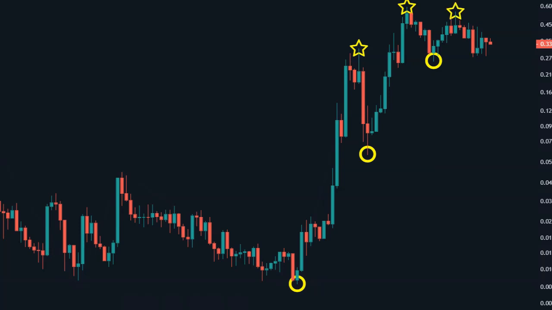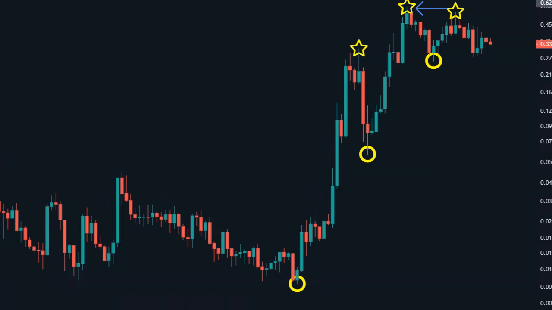But then we had this lower high than the previous one. But let me point out to you that this is still not the start of a downtrend, but only a consolidation phase in an uptrend. Why? Because we never had our lower low.